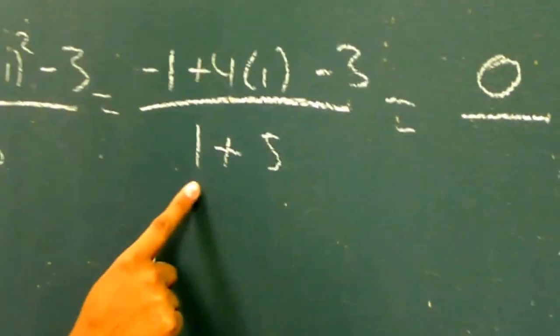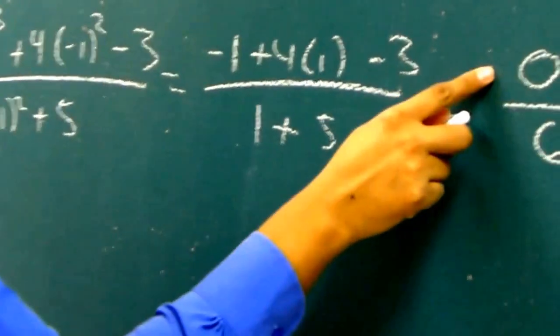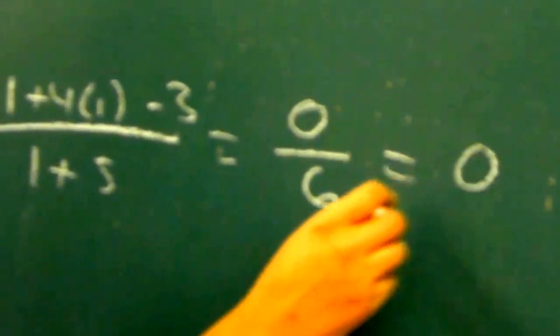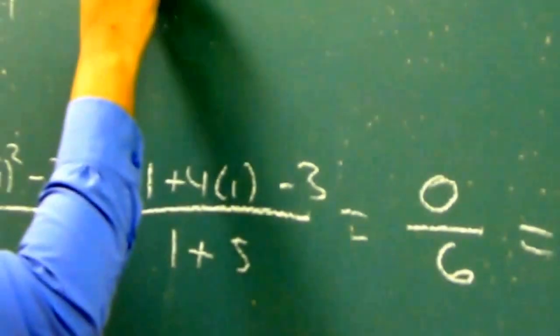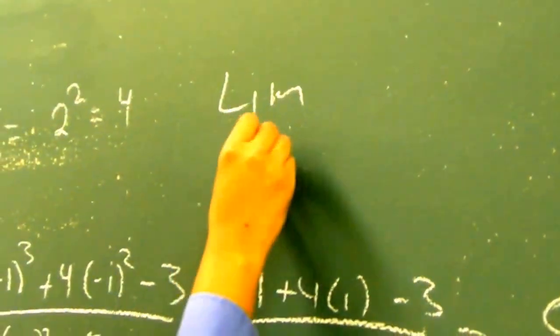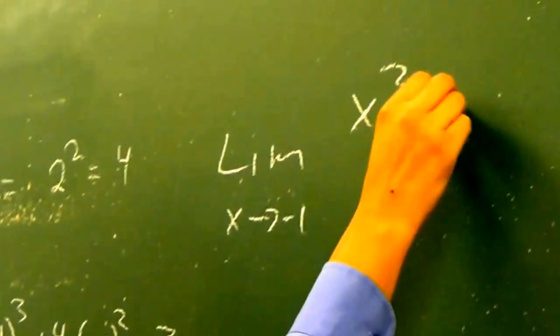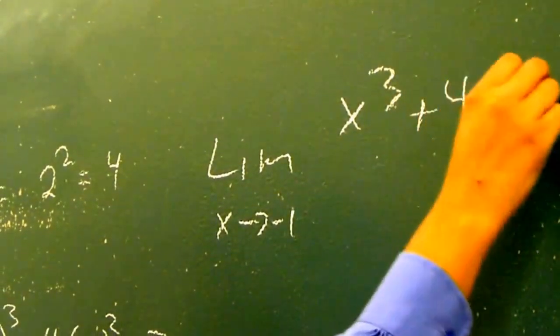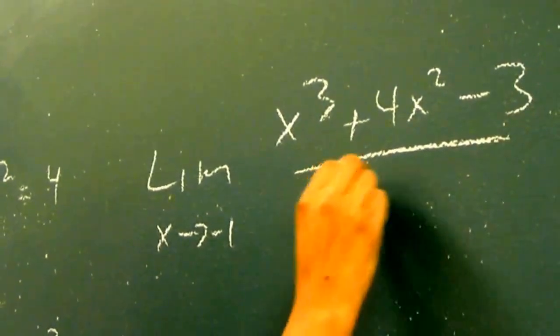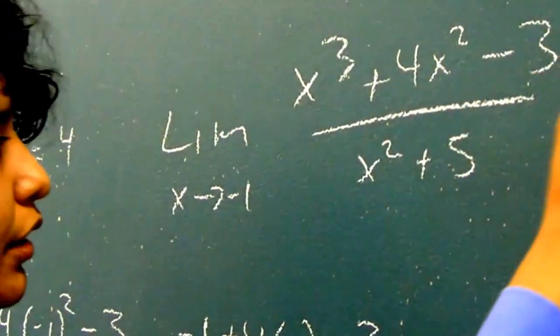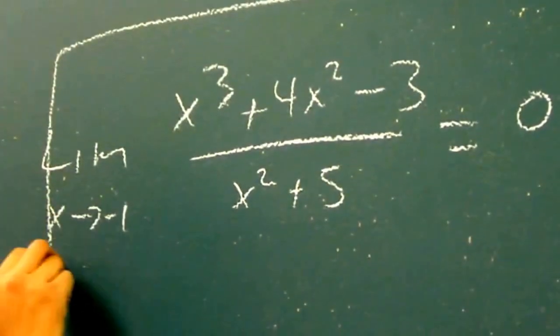And in the bottom we have 1 plus 5 is a 6, and 0 divided by 6 is just 0. So our limit as x is approaching -1 of this function, which is x cubed plus 4x squared minus 3 divided by x squared plus 5 is equal to 0. And that's the answer for this limit.